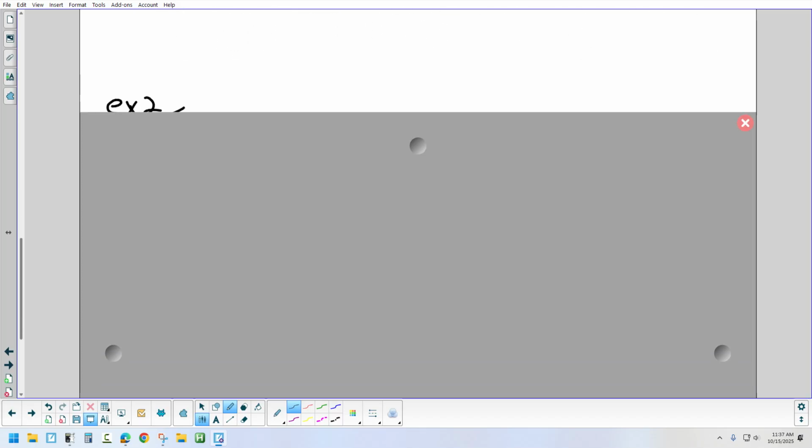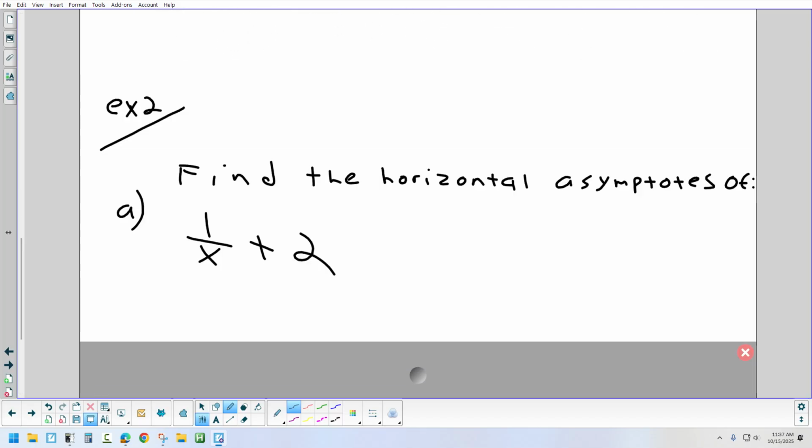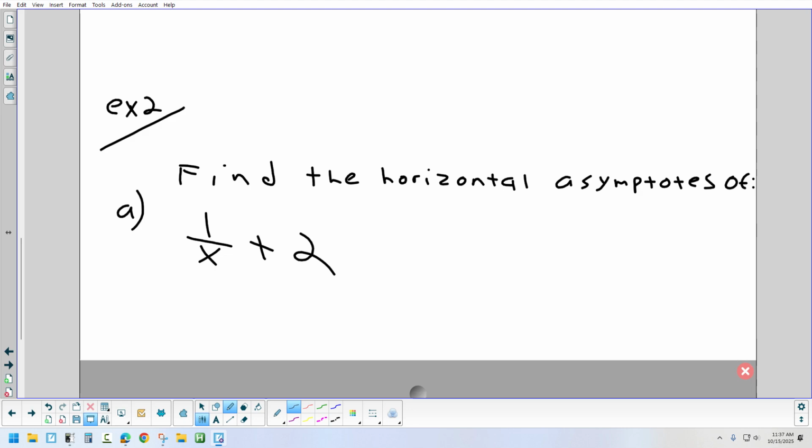All right, so let's try finding the horizontal asymptote without graphing. So numerically, what you need to think of in your head is look at the part of the problem that has a variable in it. Just focus on that for a minute. I want you to replace that x with infinity. And I want you to tell me what's going to happen to what's inside the purple box.